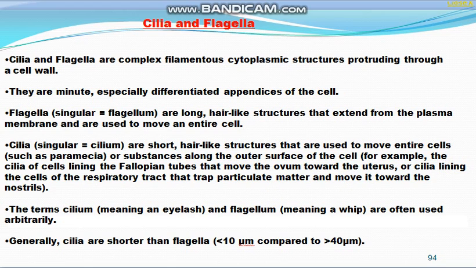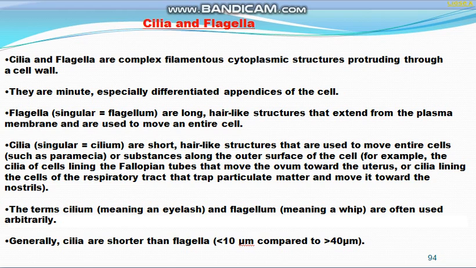So cilia are present in many organisms such as the paramecium. They are present along the lining of the fallopian tubes, which move the ovum towards the uterus, and also in the respiratory tract, which trap particulate matter, dust or anything foreign and move it towards the nostrils.